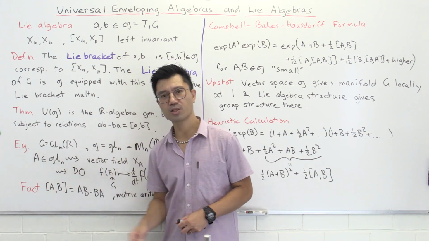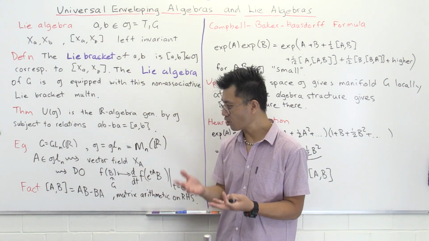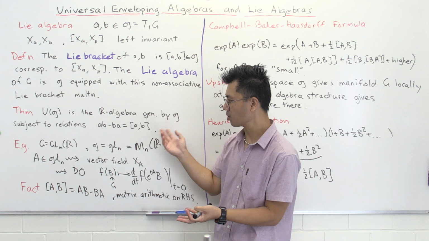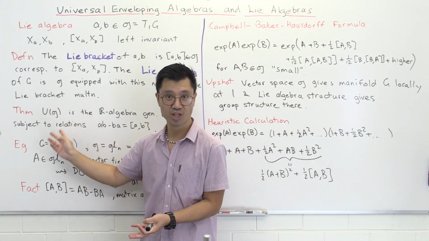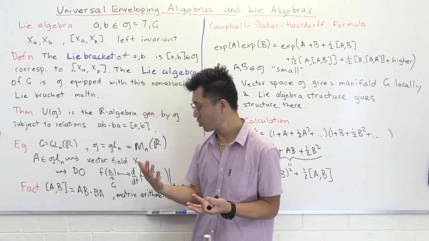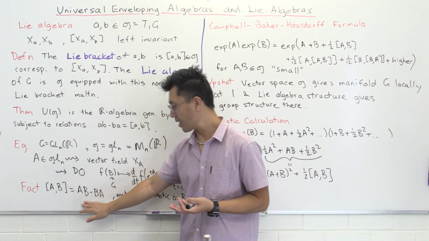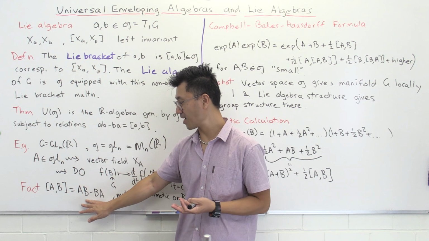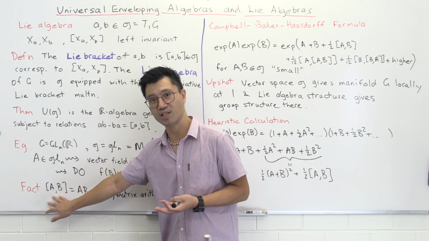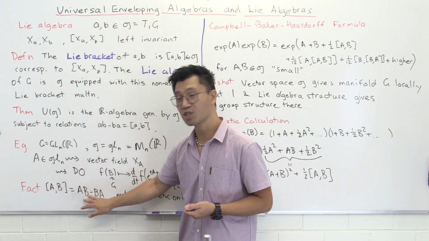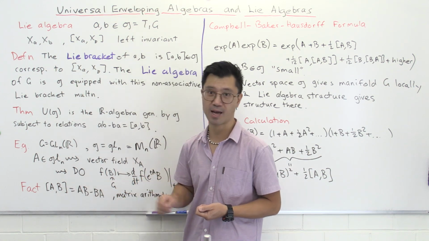If you think about it, it's got to be skew commutative, and it's got to use matrix multiplication, because that's the group structure that you have here. They're the only things that you can use. So it's very natural to guess this as the answer, and in fact this is the answer as to what the Lie bracket of these two n by n matrices is. It's just the usual commutator, AB minus BA.